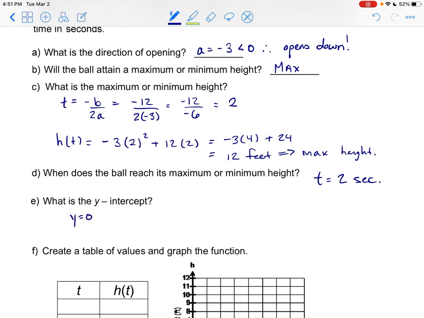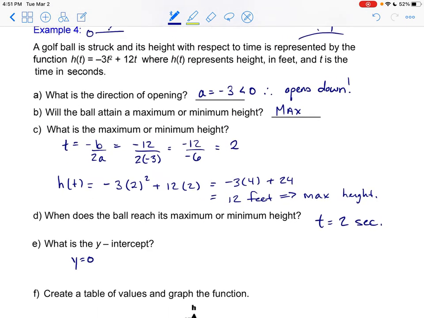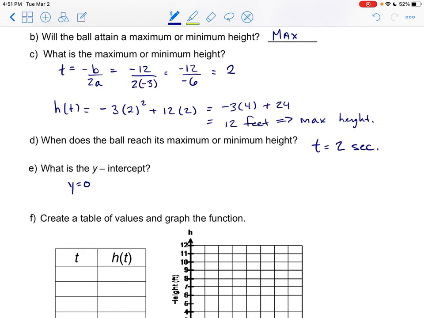It doesn't tell us that it starts at 0, but we're just going to assume that, when we're a projectile, we're starting at a reference of 0.